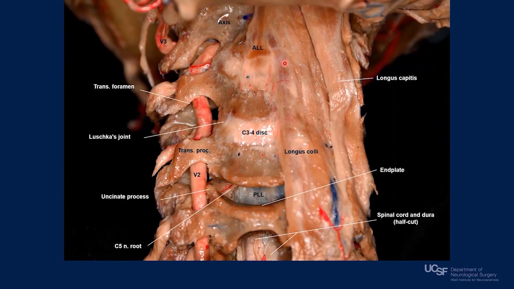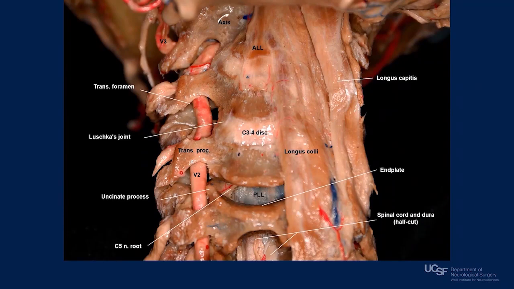Over this ligament we have the longus colli, that again the superior oblique part of the longus colli is going to be touching superiorly the anterior tubercle of C1, and laterally we have the longus capitis attaching more superiorly on the basilar portion of the occipital bone. We see the V2 segment of the vertebral artery traveling through the transverse foramen.